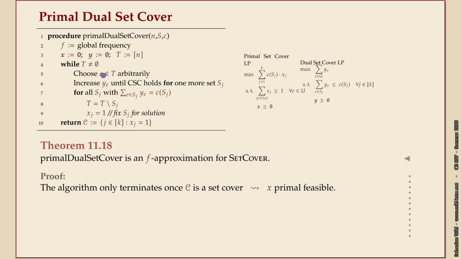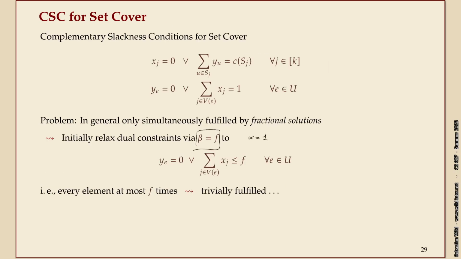And now there's no greedy heuristic or something like that. But instead, we take the dual variable, the y_e, and we're trying to pack more of that element. And so if you do that, there's going to be some point where, at least for some set, you're going to hit this constraint with equality. Right?